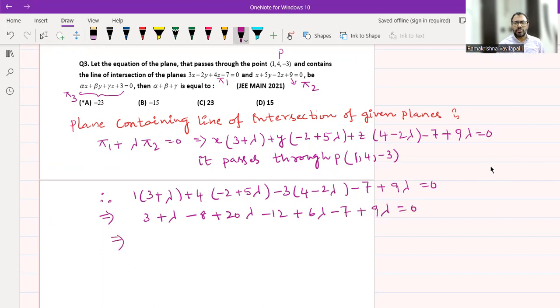So here, totally how many lambdas do we have? 9, 9 plus 6, 15. 15 plus 20, 35 plus 1, 36 lambda. Now what is the constant? This is minus 20, minus 27, minus 27 plus 3. So minus 24 equal to 0.